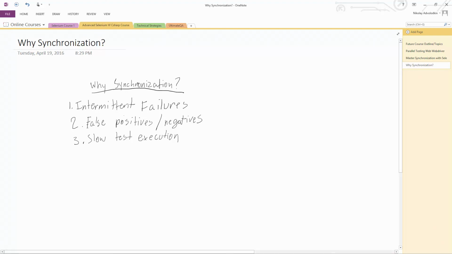The other thing that improper synchronization does is it leads to false positives and negatives, right? Talking about the intermittent test failures, you get false positive results saying that, oh, the test failed, right? But the test is not really failing because the functionality is broken. The test is failing because your test is either too fast or too slow for the application.